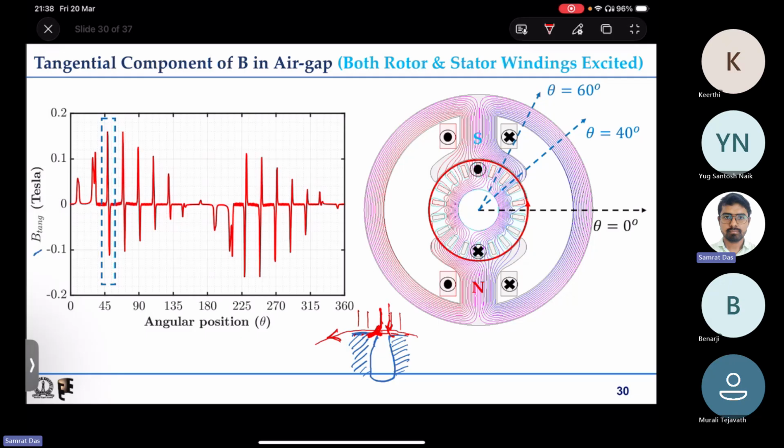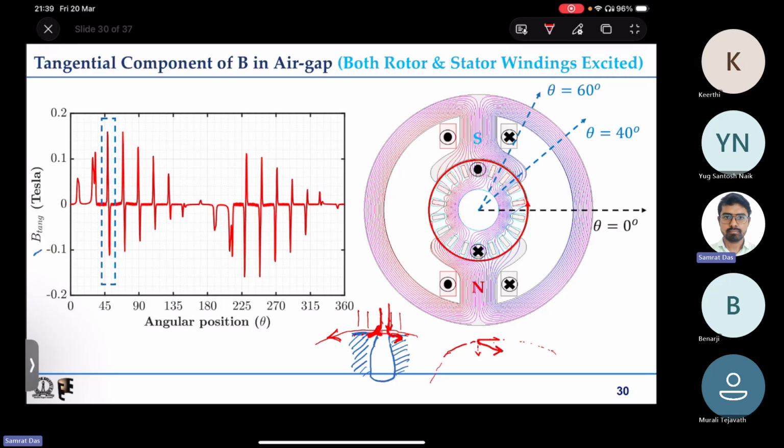On the other side, if flux lines bend on the right hand side direction, then of course it has some radial component and also some tangential component. Now this tangential component is in the clockwise direction, so the sign will be negative.